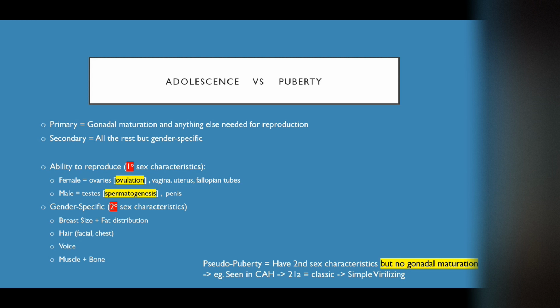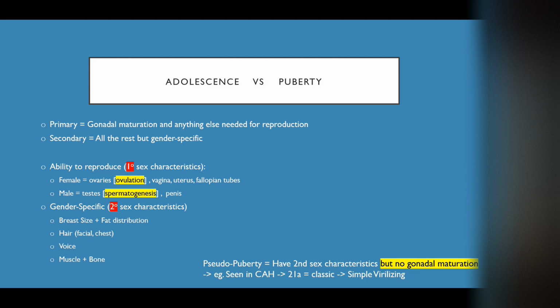So we said primary is gonads and spermatogenesis; secondary is everything else; with no gonadal maturation. For example, congenital adrenal hyperplasia, 21-alpha-hydroxylase deficiency, a classic simple virilizing version, that would be your pseudo-puberty. You have your hormones making the secondary characteristics, but not maturing the primary. To mature the primary, you need proper stimulation from the GnRH, LH-FSH down to the gonads axis.